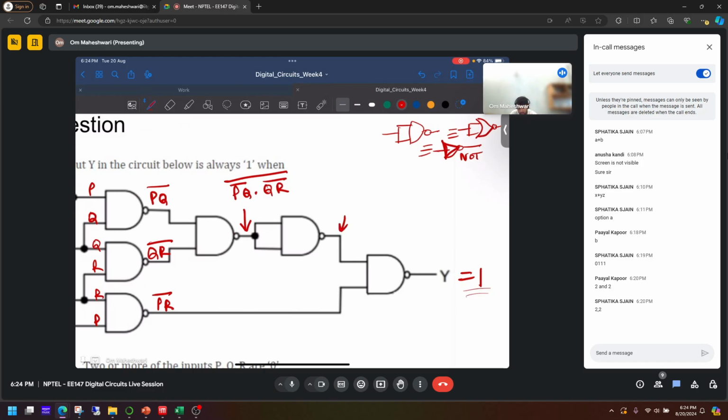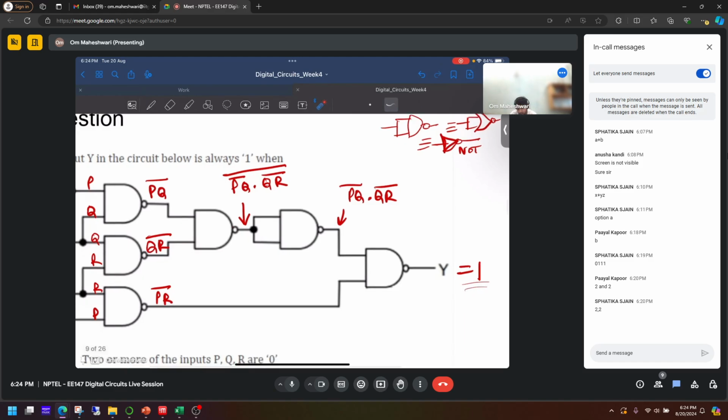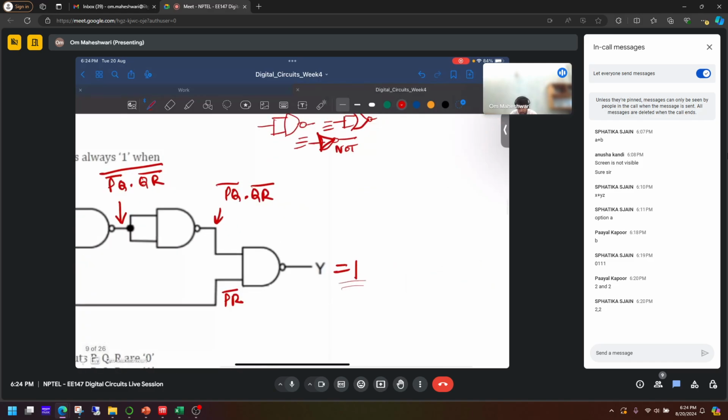So here your output will be PQ bar dot QR, and the bar gets removed when we do a NOT gate. Okay, so your other input here is PR bar. Now again we have to do NAND of these two inputs. So your output Y will be PQ bar dot QR bar dot PR bar, whole bar.